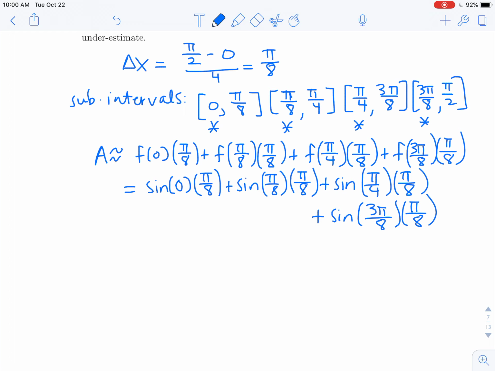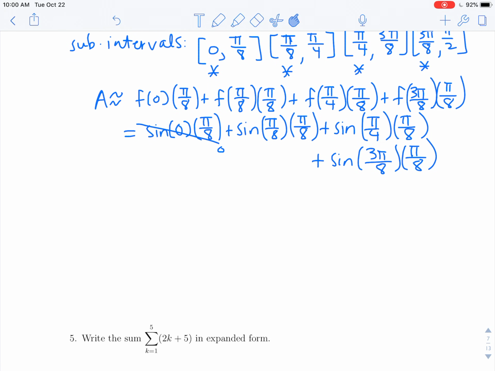And since only 2 of these are unit circle angles, I would not simplify what you've got here at all, except for maybe to just go ahead and mark this out because sine of 0 is 0. And so that's our area estimate.